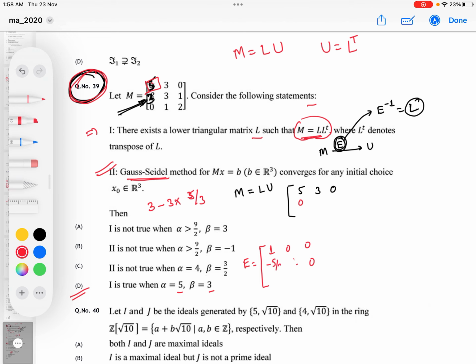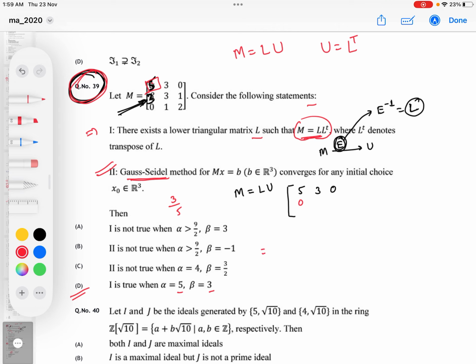How much will it be? It will be 9 minus, it will be 3 by 5. What am I doing? So what is the multiplier? The multiplier is 3 by 5, right?